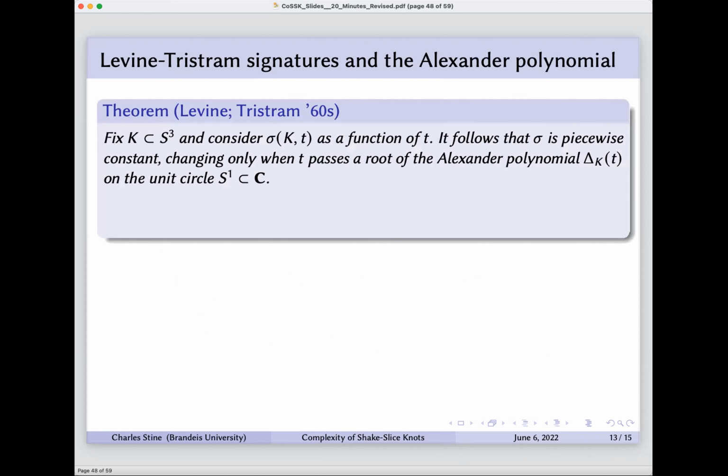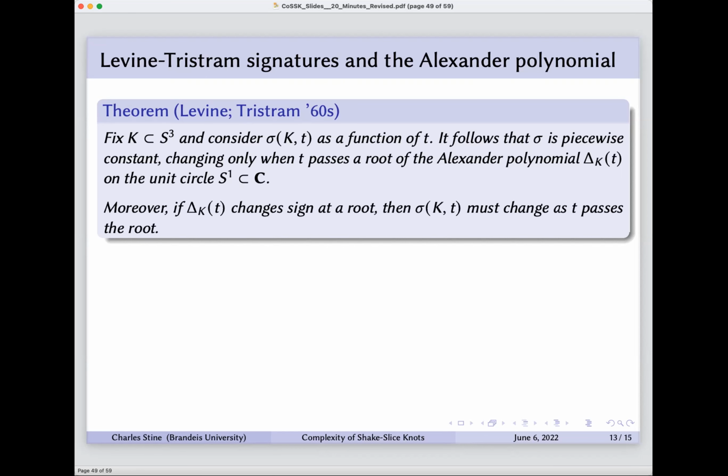So how are we going to find this magical value of T? We're going to use another property of the signature function, which is due to both Jerry Levine and Tristram, which is that, considering this signature function as a function of T, the signature function is piecewise constant, changing only when T passes a root of the Alexander polynomial.